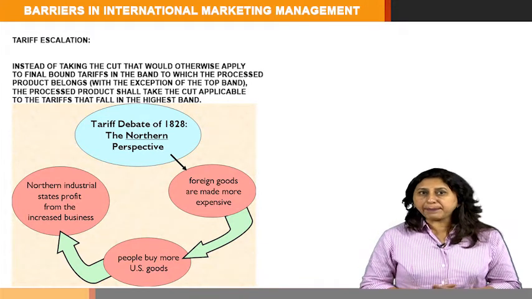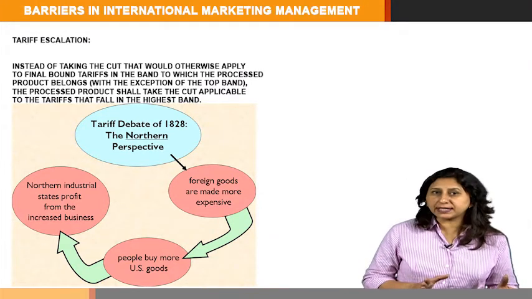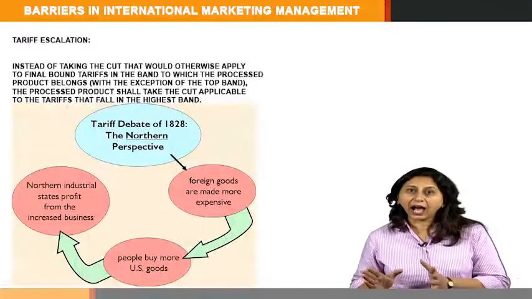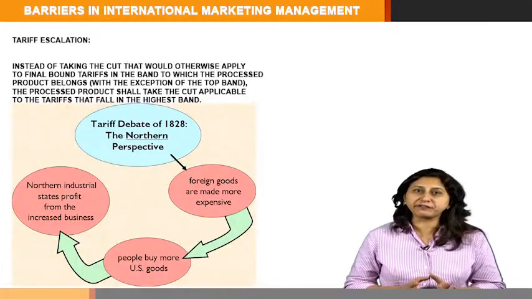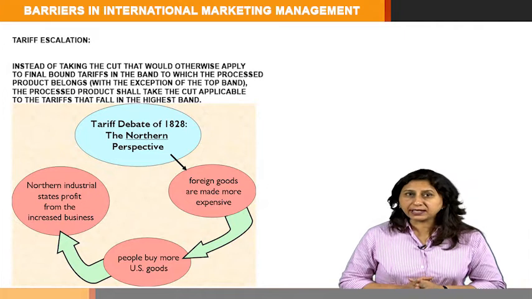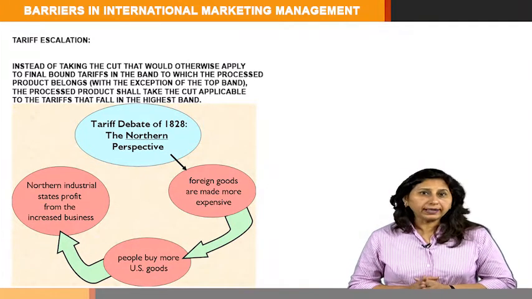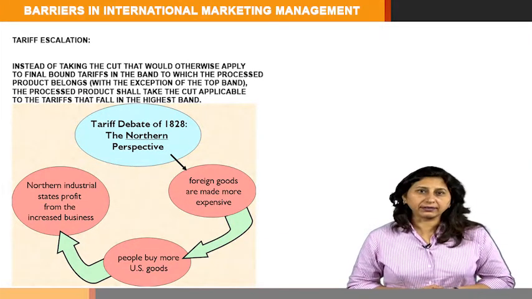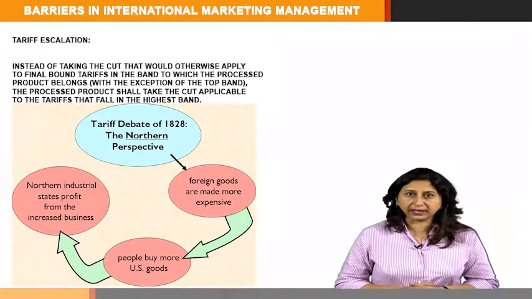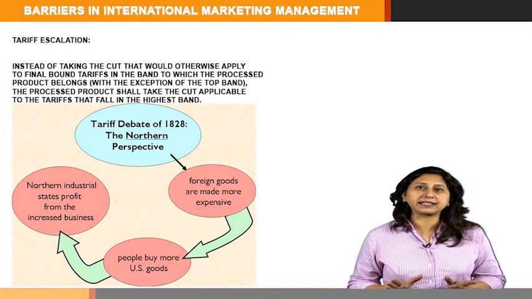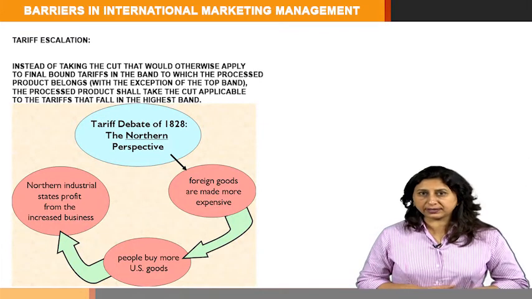First, where the absolute difference between the processed and primary product tariffs after application of the normal tariff formula would be 5% ad valorem or less in any given tier, except in the case of the bottom tier. No additional tariff escalation adjustment shall be required.